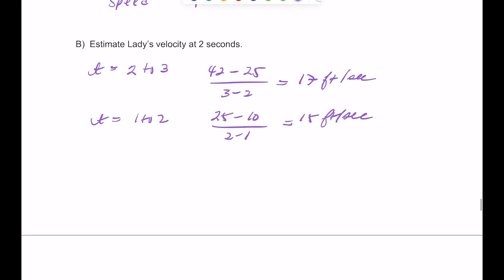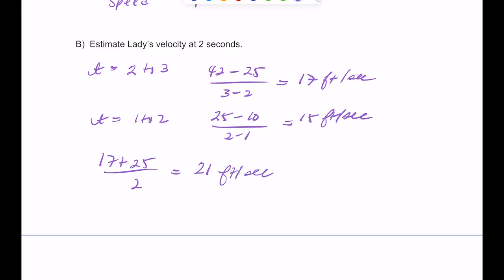And then maybe take the average of those 2 smaller intervals. 17 plus 25 over 2 is how I would find the average. That would just be 42 divided by 2, which is 21 feet per second.